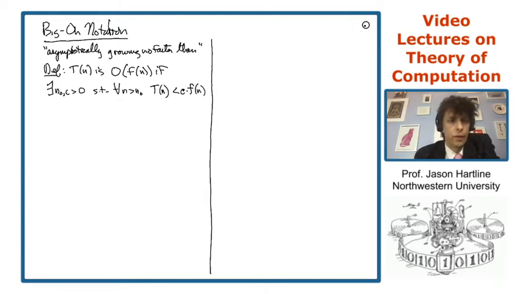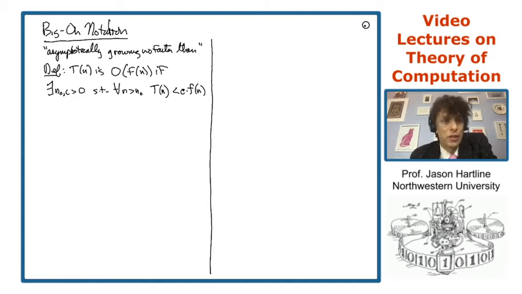Okay, and so you'll note a couple things about this. When we say a function t of n is big O of f of n, we're saying asymptotically it's upper bounded by some constant multiple of the function f of n.